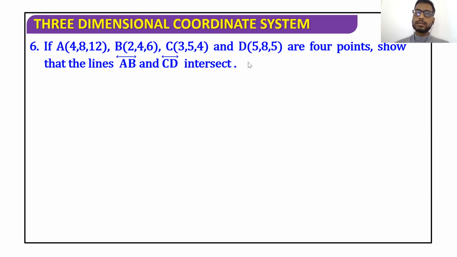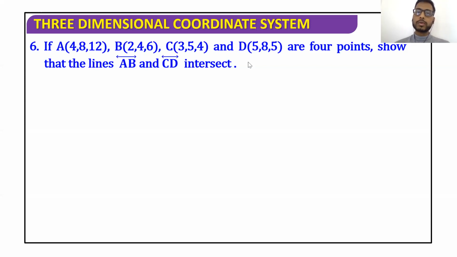Therefore, the point Q lies on my segment CD. If somehow I am able to show that the point P and point Q are the same, then that would mean that AB and CD are meeting at the same point. And if they are meeting at the same point, that means the lines are intersecting.